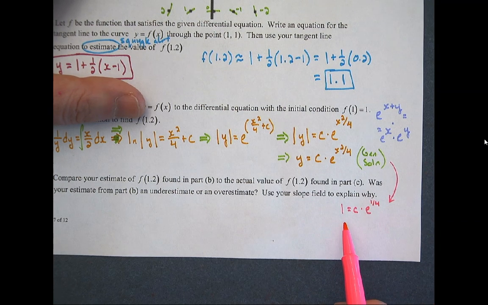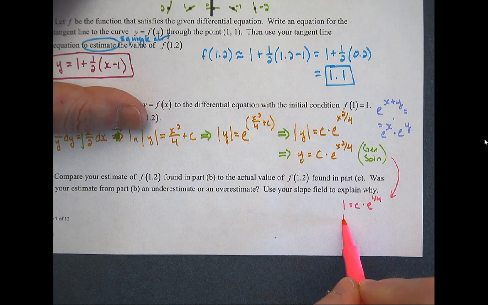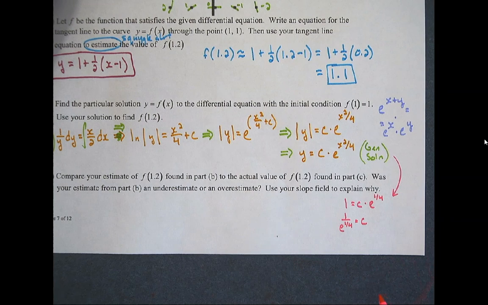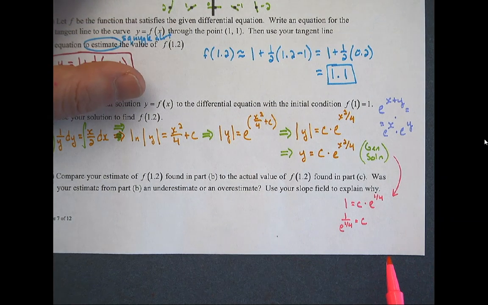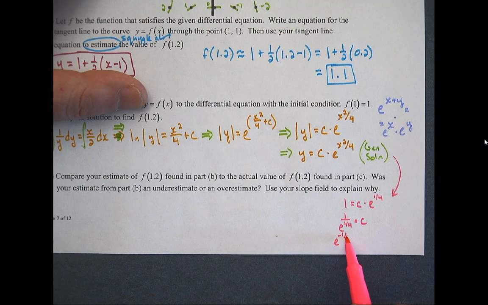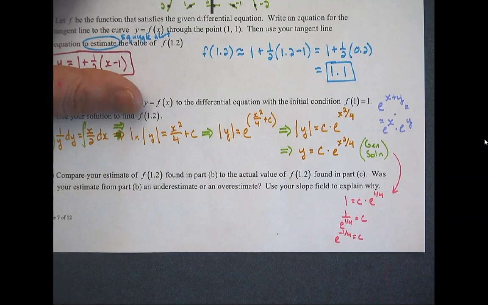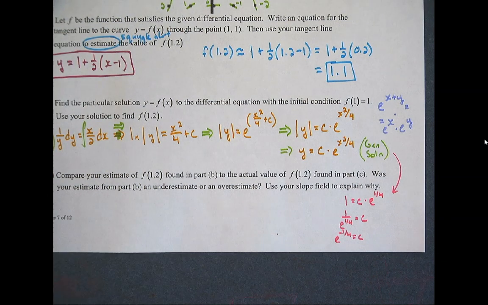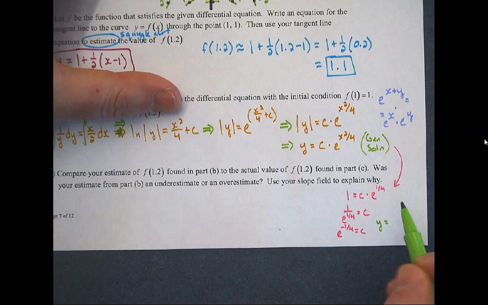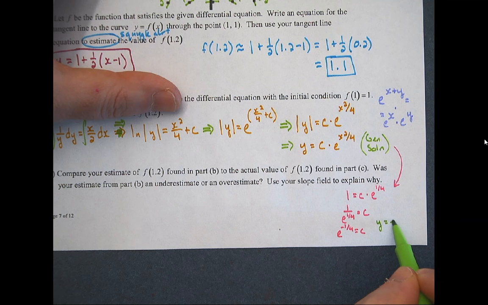I would divide both sides by e to the 1/4, and I would get 1 over e to the 1/4 equals c, which could also be equal to e to the negative 1/4. So then my actual answer, my particular solution, would be y equals e to the negative 1/4 times e to the x squared over 4.